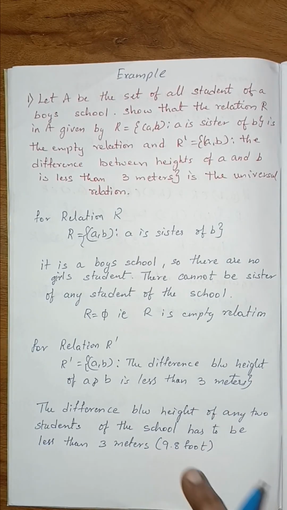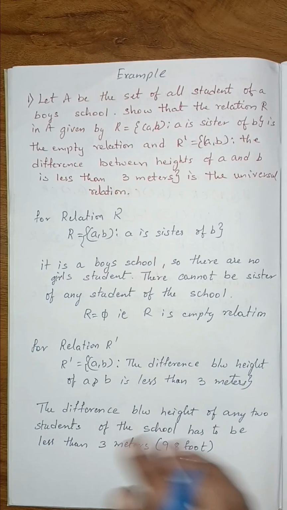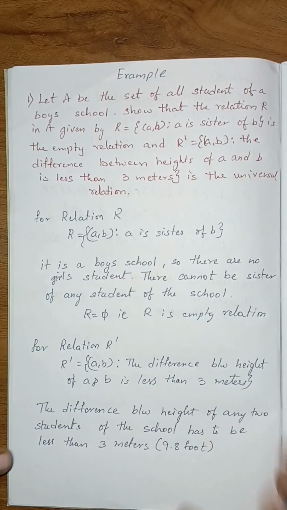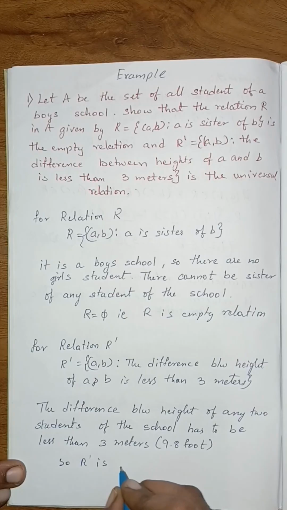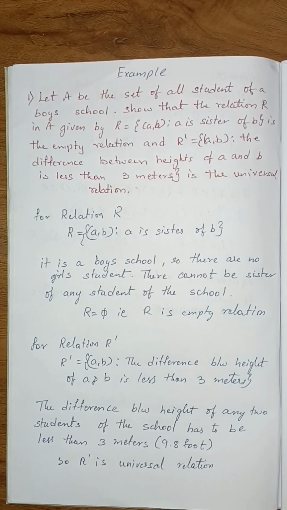That is 9.8 feet. Obviously, usually a man's height will be at most 6 feet. But here they have mentioned that it should be less than 3 meters, that is 9.8 feet. So obviously for every pair of students, the difference between the heights will be less than 3 meters. So all the students will be included in this. So R' is a universal relation. All the boys will be there in this relation. So this is a universal relation.